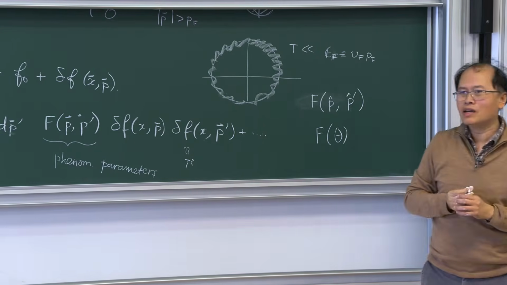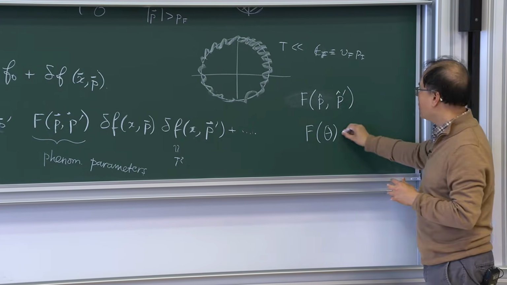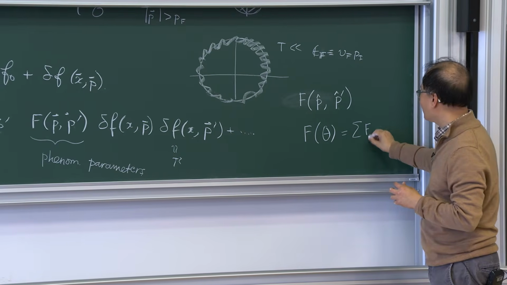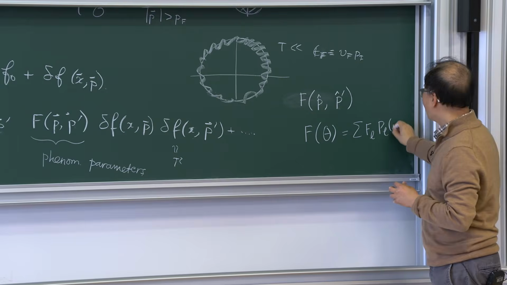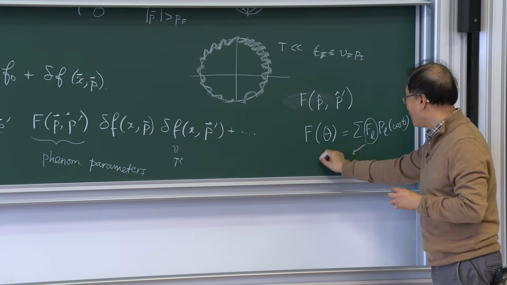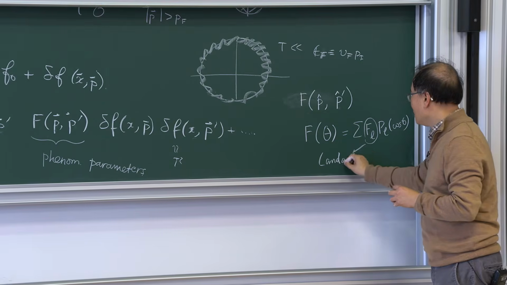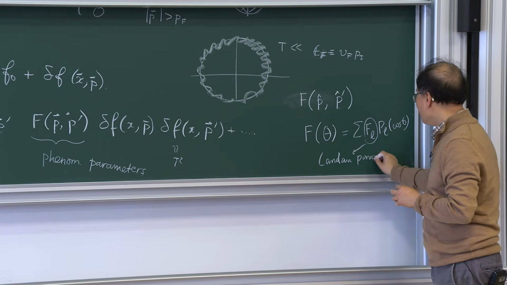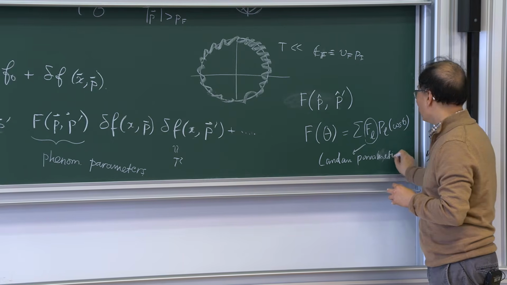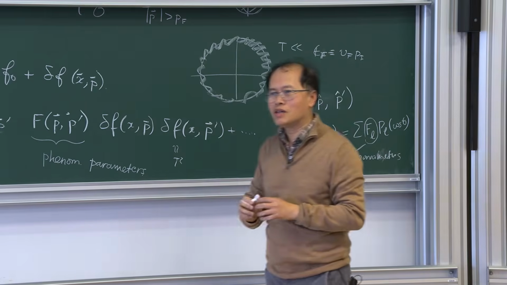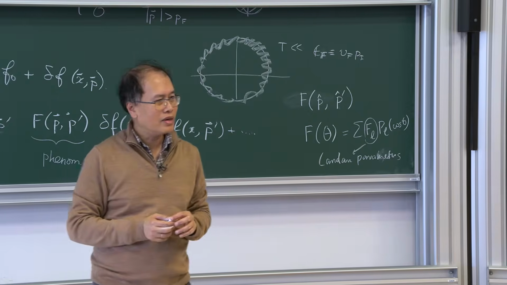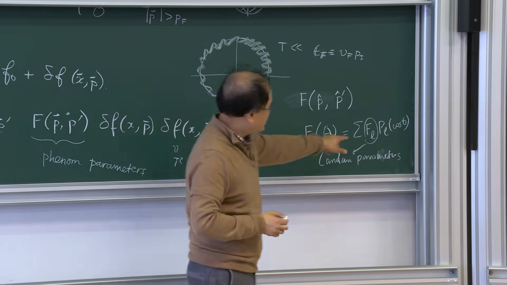And this function of the angle can then be decomposed into a sum over spherical harmonics, so I have F_L times P_L of cosine theta. This F_L is called the Landau parameter. There is an infinite number of them, but in practice, only a finite number of them are substantially different from zero. In the case of helium-3, that is L equal to 0 or 1.